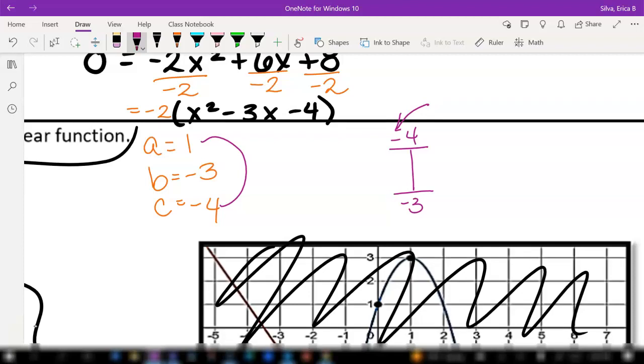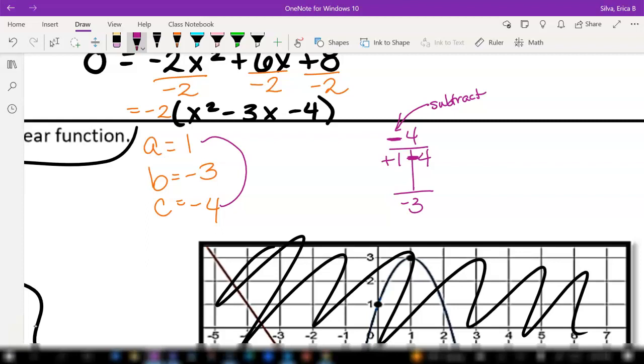What are we going to do to our factors? Add or subtract? Subtract them, right? Because we look at this sign. If that 4 is negative, then we have to subtract them. If it was positive, then we would add our factors. So what are the factors of 4? 1 and 4. If we subtract them, do we get 3? Yeah, so then what number has to be negative? The 4.